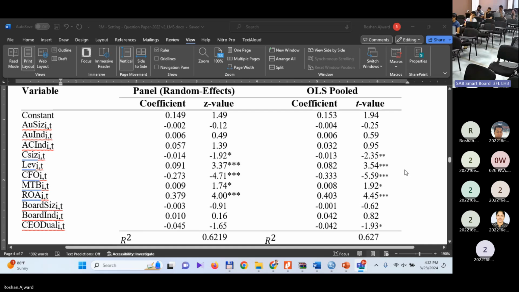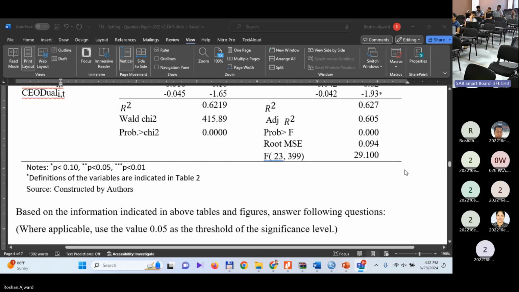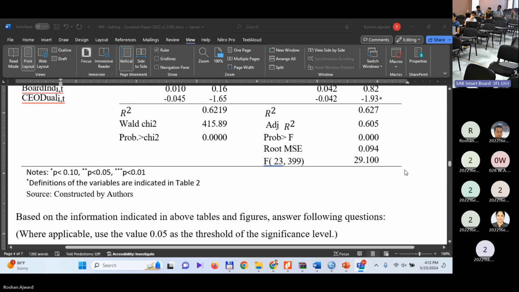What are the significant variables? You can see here. See how that is defined. Here, one asterisk means less than 10% significance, 90% confidence. Two asterisks, less than 5% significance, that means 95% confidence. Three asterisks means less than 1% significance, that is 99%. Okay.